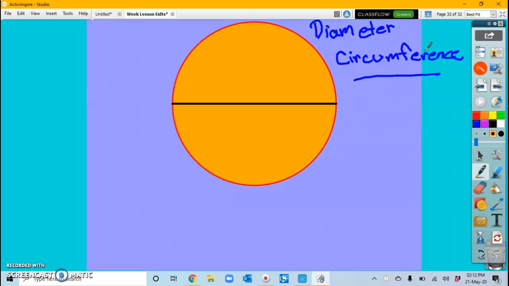So, let's say I have the diameter 18 inches. And make sure you have your formula, pi equals 3.14. So to find the circumference here, you will have to multiply 3.14 times 18, which shouldn't be that hard.